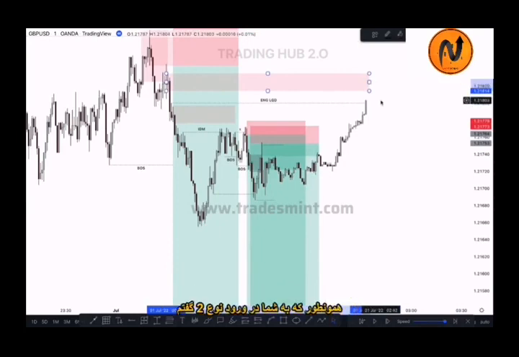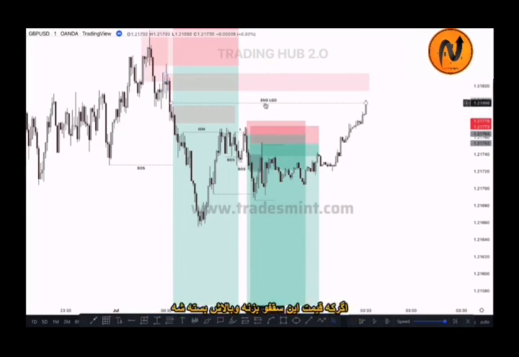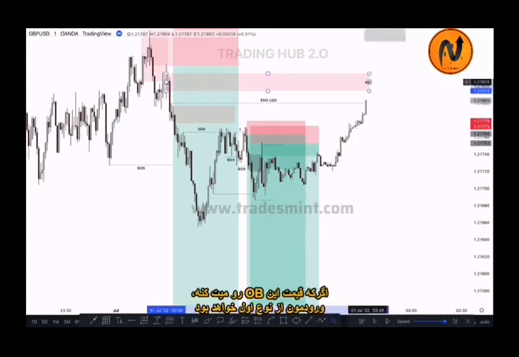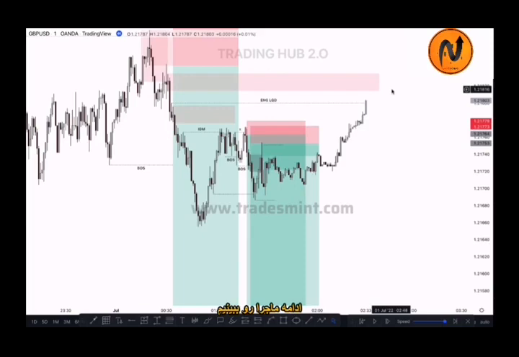As I told you in a previous entry, type 2, the market may take out this high and close above it, and then you can apply the same rule, entry type 2. If the market sweeps this high, then you have to apply entry type 3. If the market mitigates this order block, then you have to apply entry type 1. Okay, let's see what will happen after this.